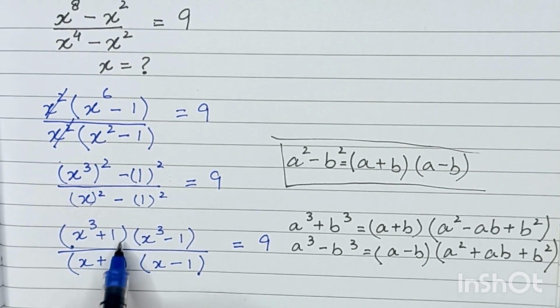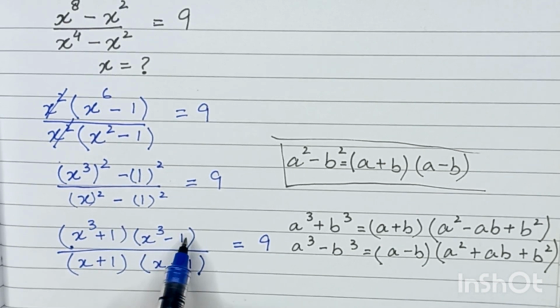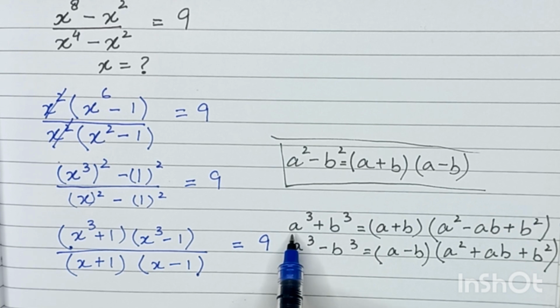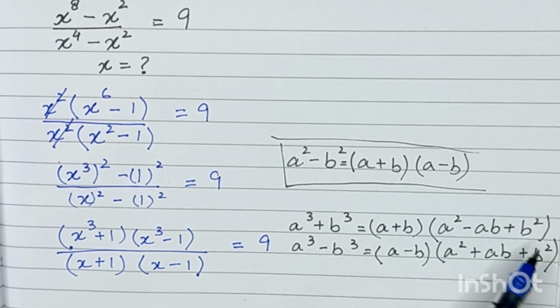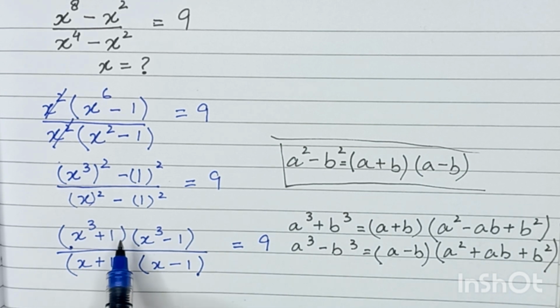So we can write 1 as 1^3, and it will become the form of a^3 plus b^3 and a^3 minus b^3. So we will apply these formulas here.